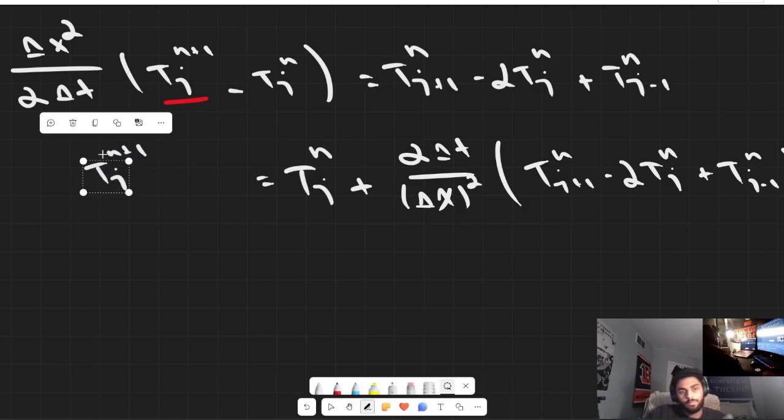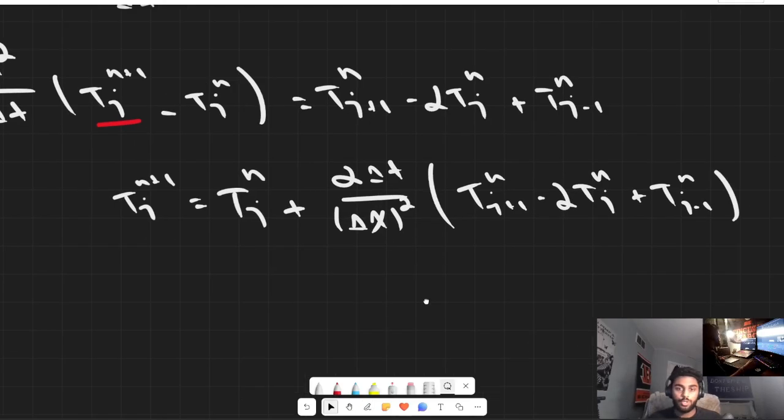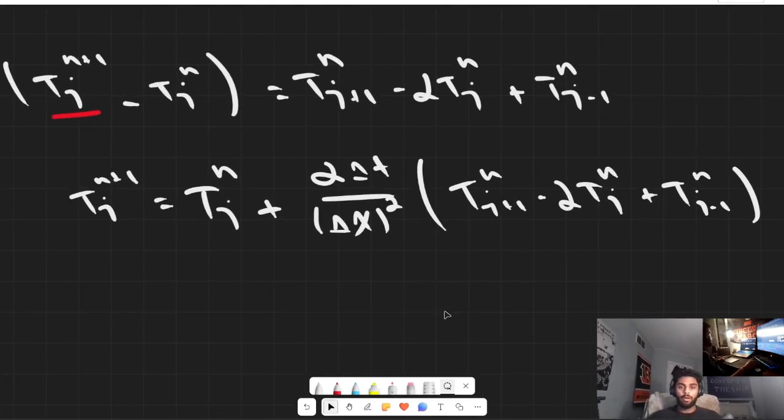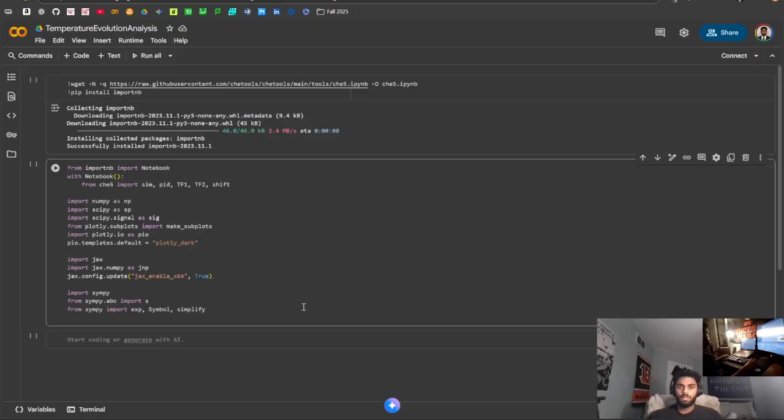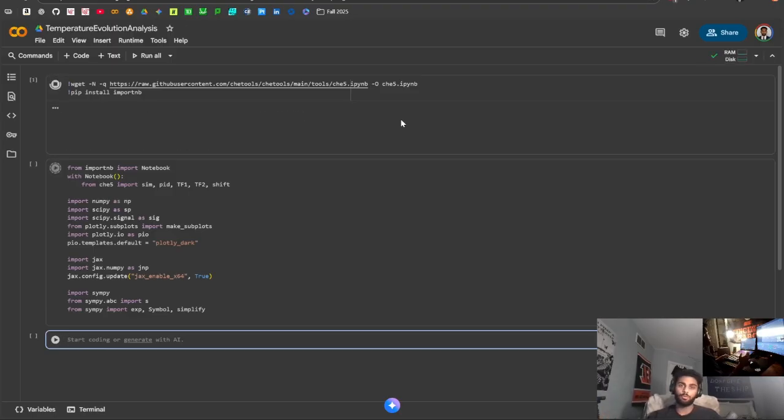And this is an algebraic expression we can use to analyze the temperature profile of our bar as it navigates through time. So now let's use Python to model our situation here and develop this temperature profile as it goes through time.